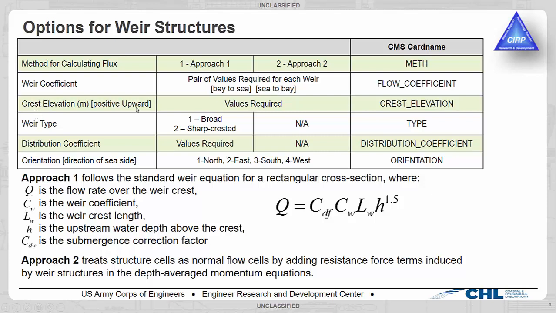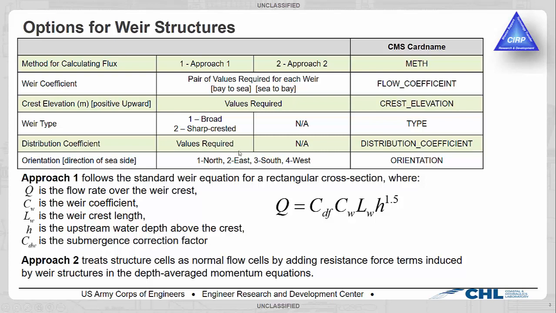Crest elevation is in meters, positive upward, and those values are required for both approaches. You would define a weir type, either broad or sharp crested, so those values are 1 or 2. Then there is the distribution coefficient, and the orientation, the direction of the seaside in relation to the weir that we're creating here.